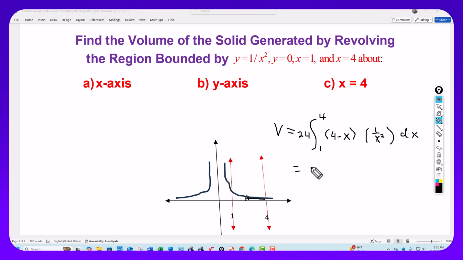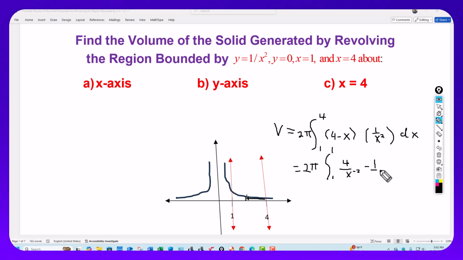It's equal to 2 pi, integral from 1 to 4. So let's multiply here. It'll be 4 x to the negative 2, minus x times 1 over x squared.